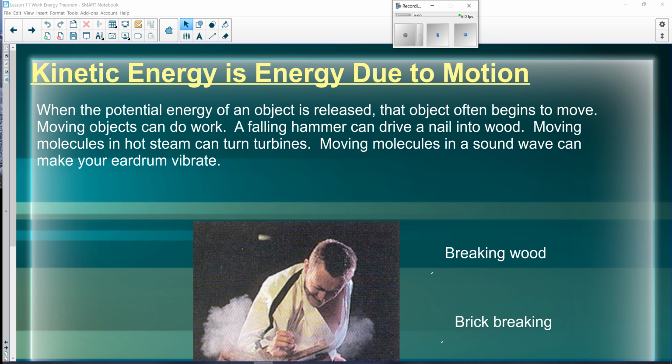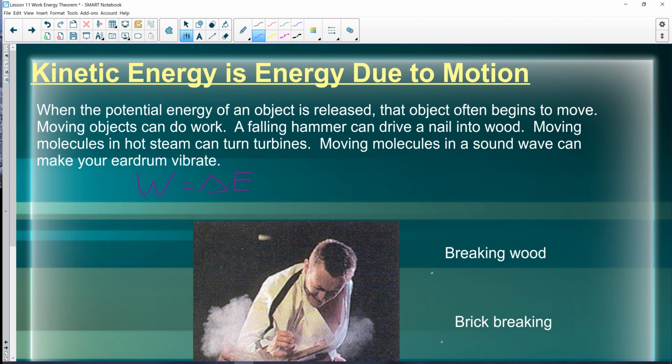Okay? So what we are working on today, guys, we're going to just quickly review the work energy theorem stuff and then get into some problem solving to do with that. Okay? So first off, the big thing about work energy theorem is that work is a change in energy. A change in mechanical energy specifically.